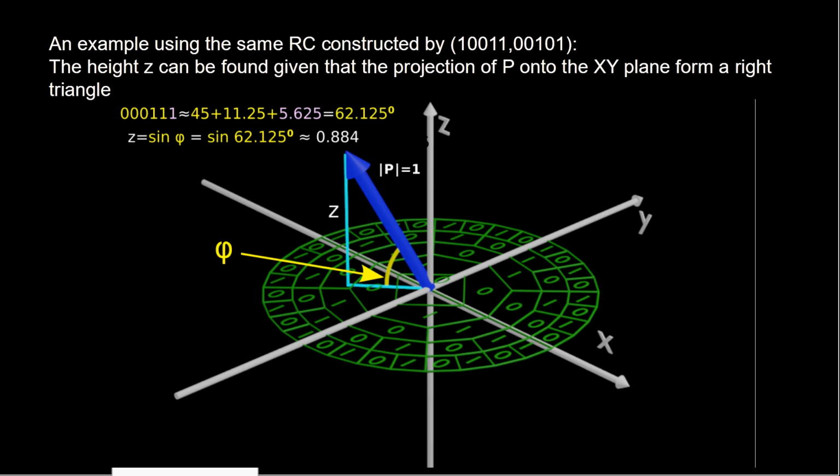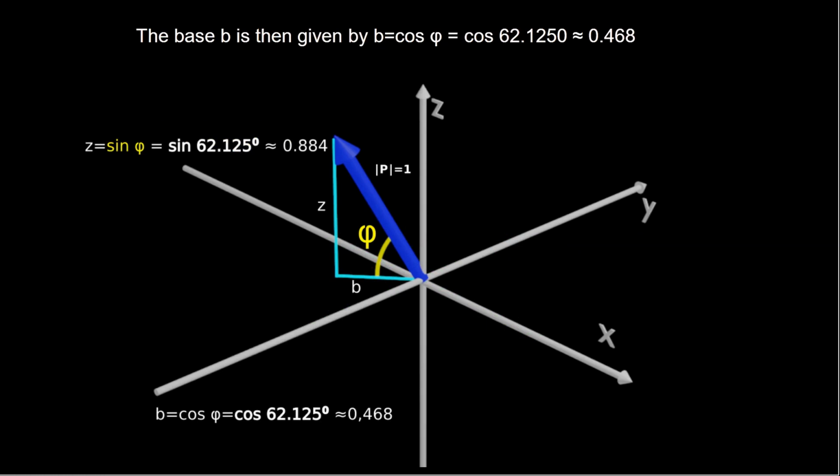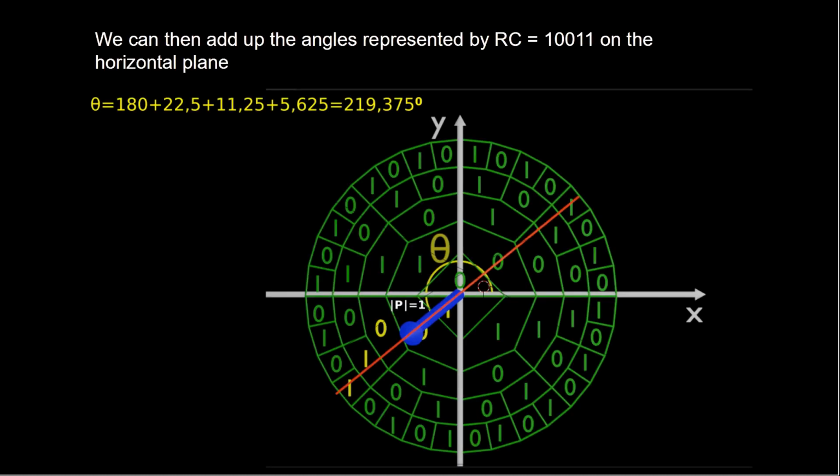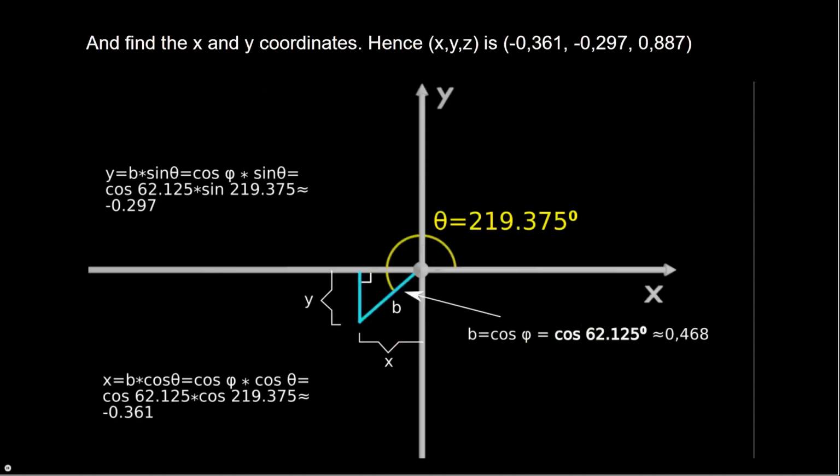The height z can be found given that the projection of P onto the xy plane forms a right triangle. The base b is then given by b equals cos phi. We can then add up the angles represented by RC equals 10011 on the horizontal plane and find the x and y coordinates.